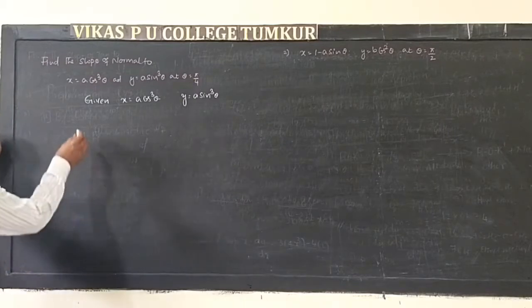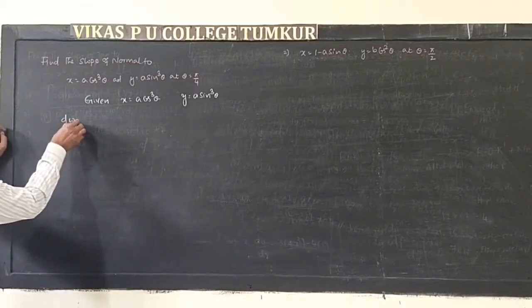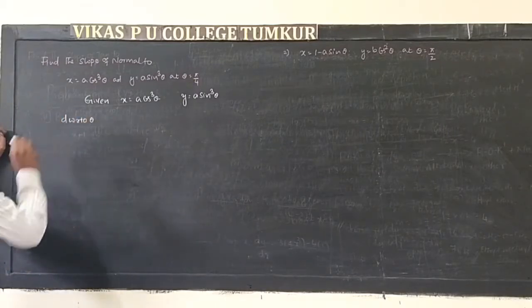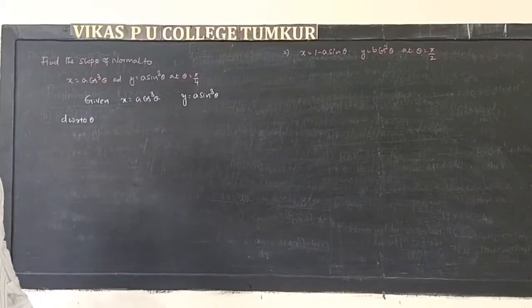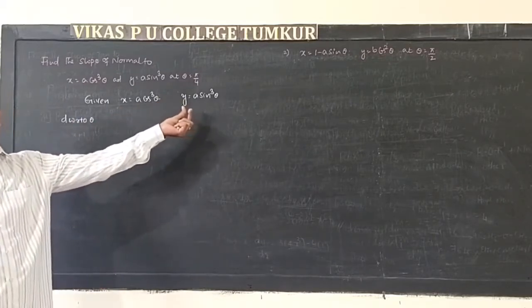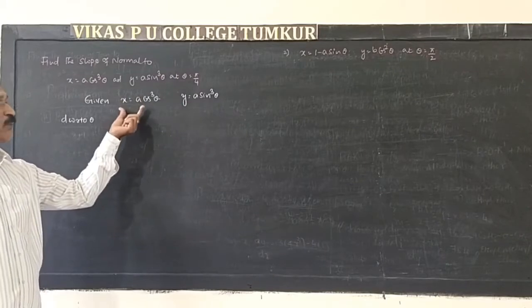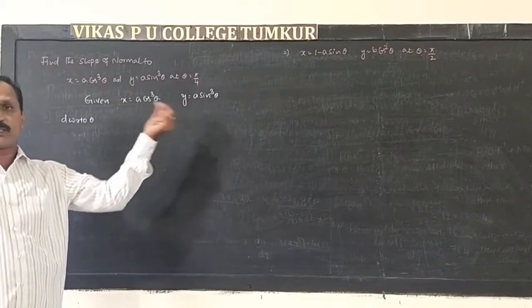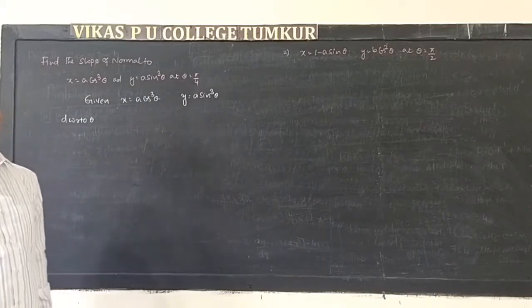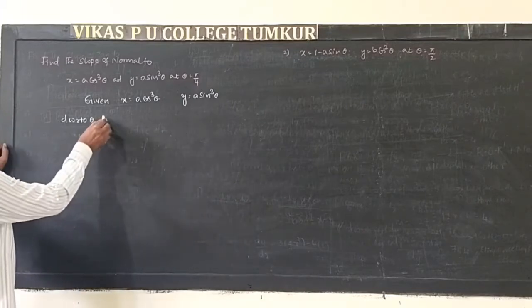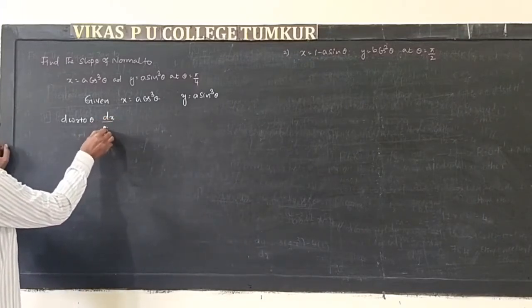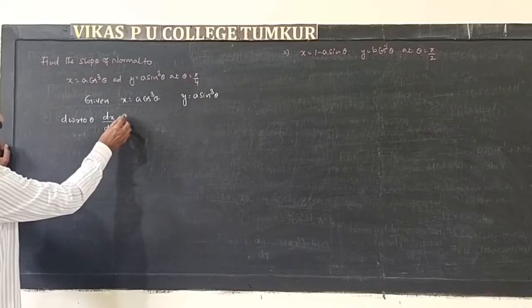Shall I differentiate? Differentiating with respect to theta, which is a parameter, of course. Theta is a parameter for which the variables x and y are represented. dx by d theta, a is a constant.